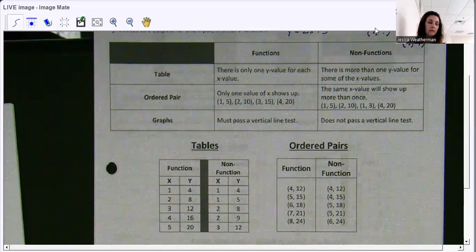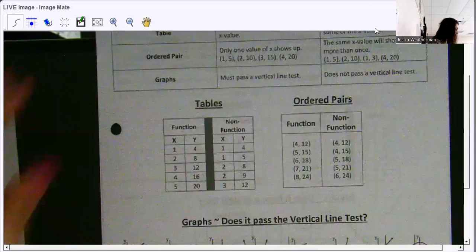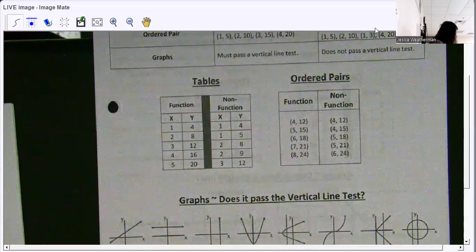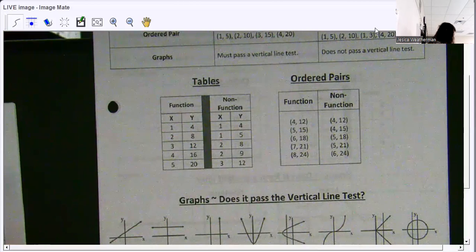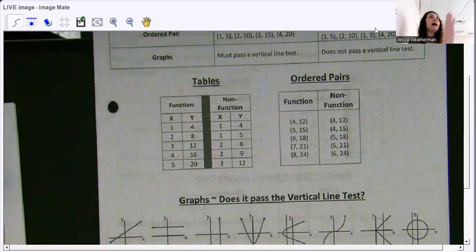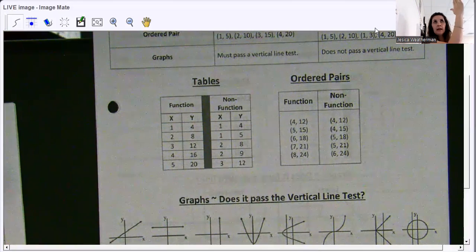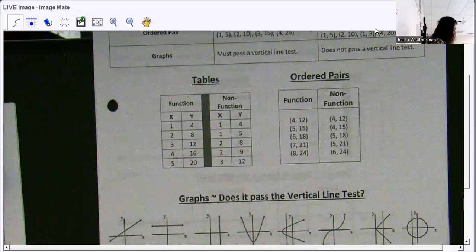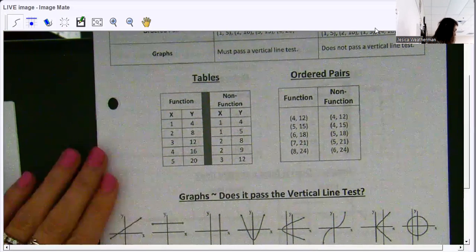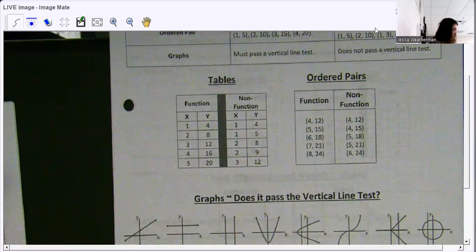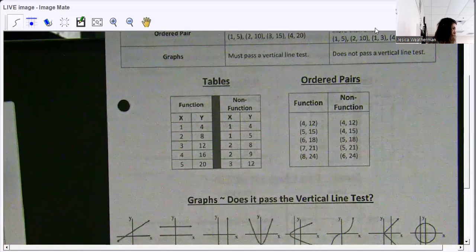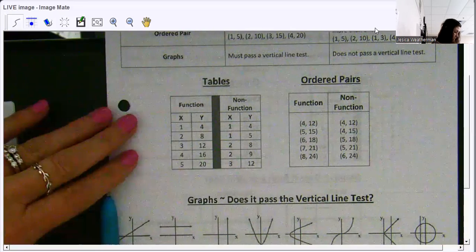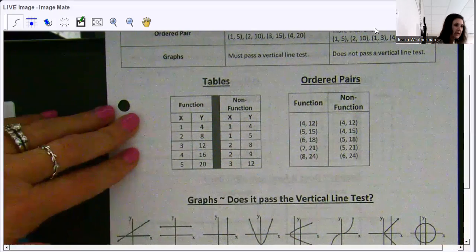Let's look at graphs. Graphs can be a little bit different. With a graph, you want to ask, does it pass the vertical line test? I always put my arm up against the graph to see if it touches two x values. The best way to show how to do this is to run a pen across my graph, and this pen is kind of thick.